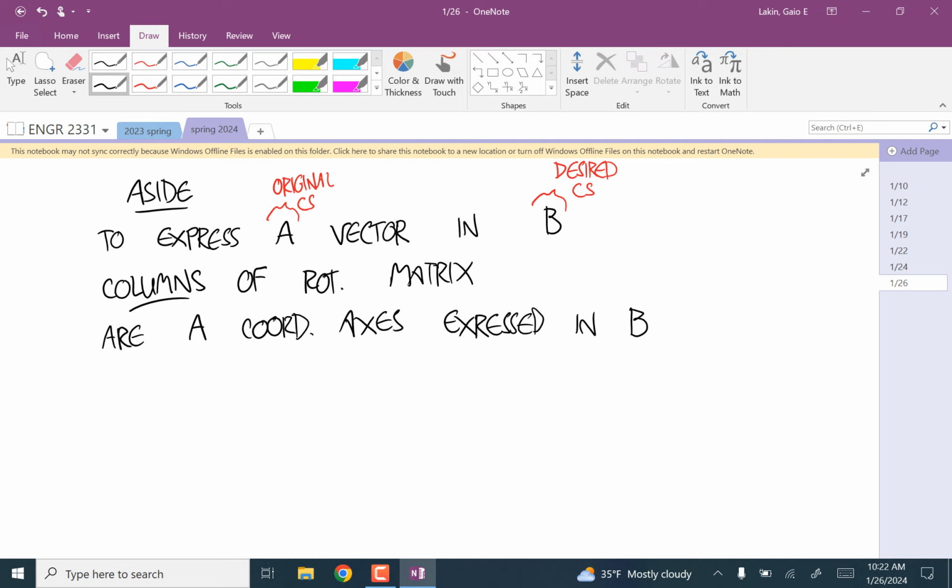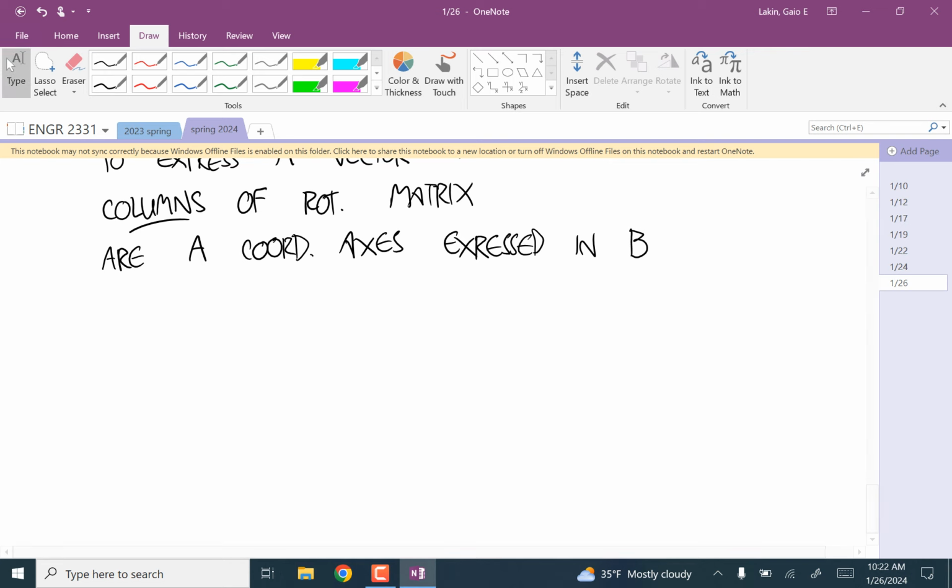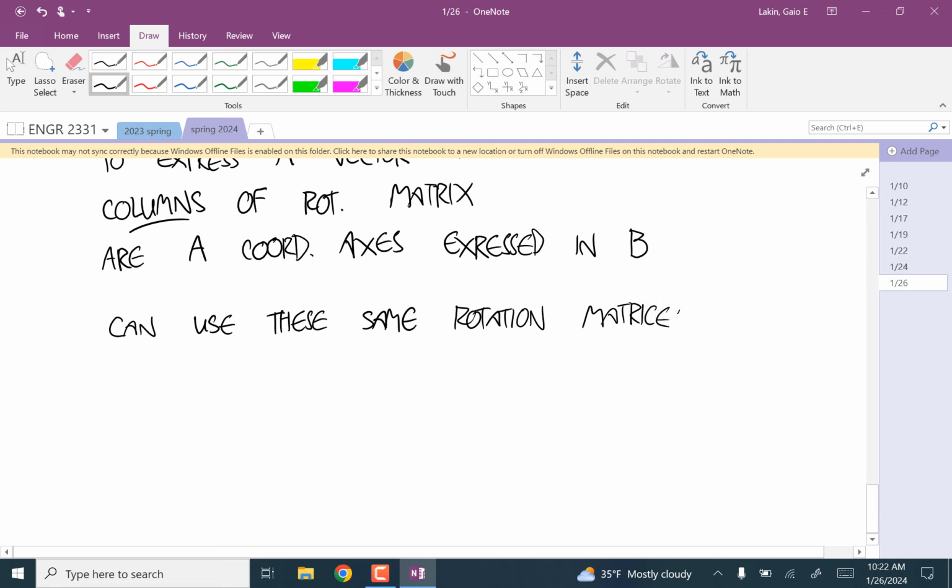Okay, so now that we have that, you can use these same rotation matrices to express stress tensors in new coordinate systems.